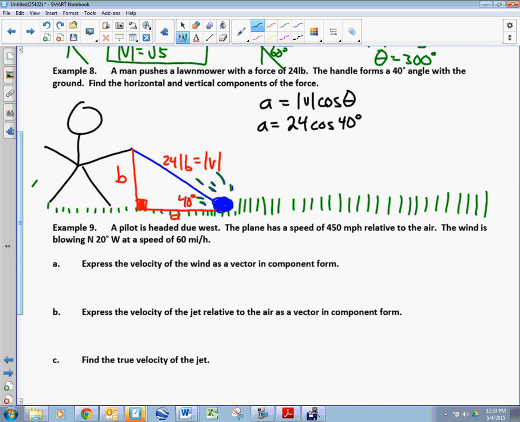No, so just type in your calculator 24 times the cosine of 40, pounds. Because your angle is given in degrees, that's your indication that you need to be in degrees.